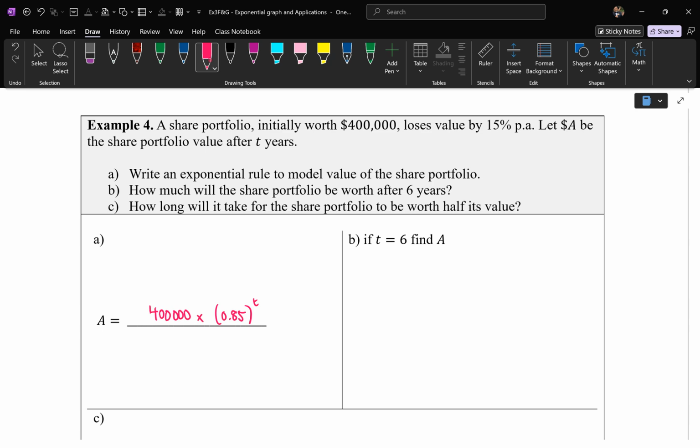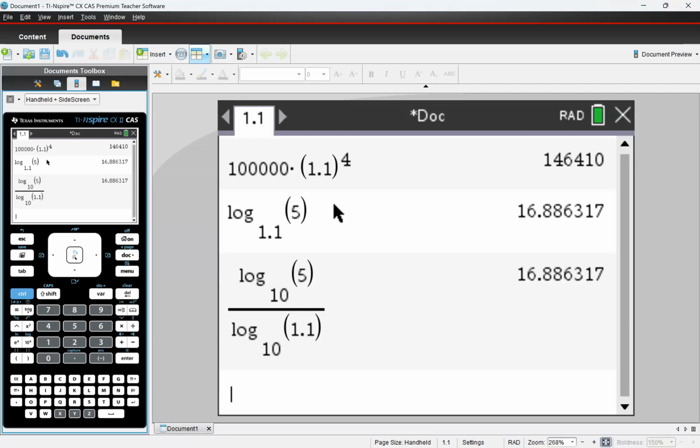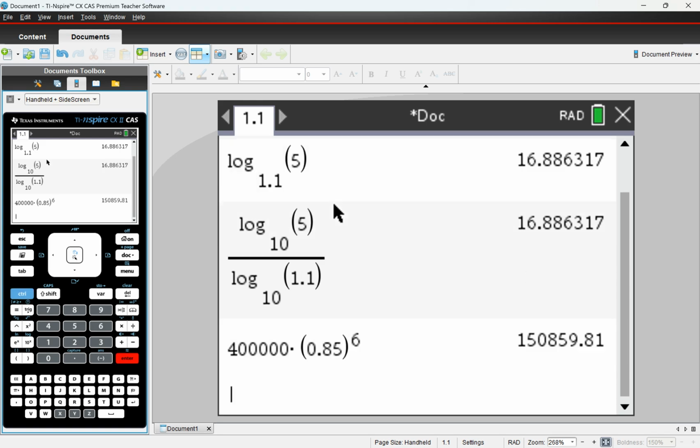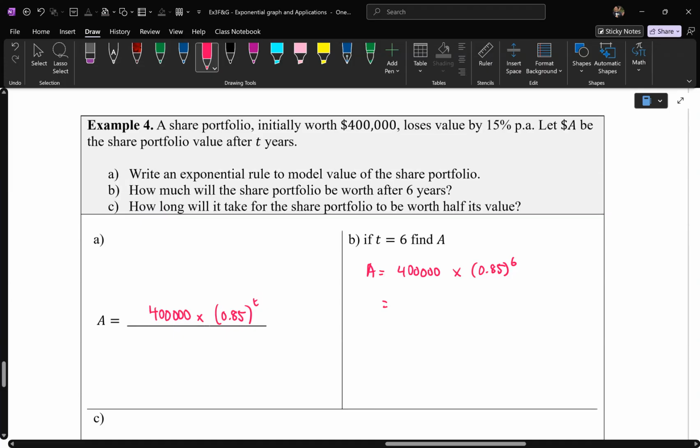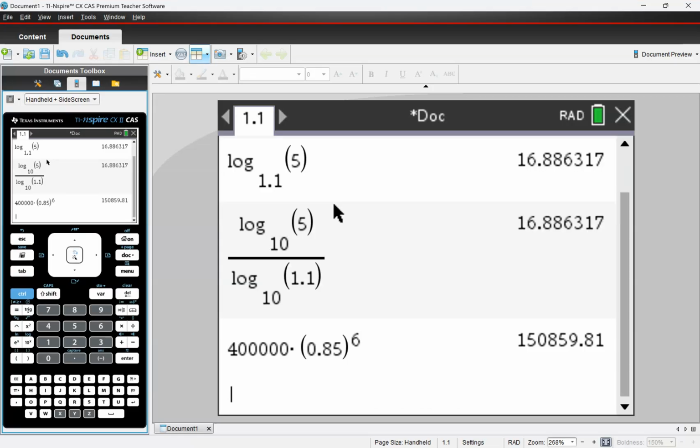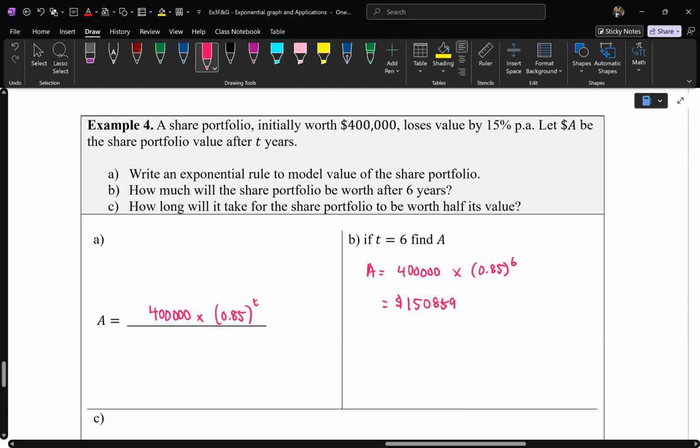And then here would just be A is equal to 400,000 times 0.85 to the power of 6. You get $158,509.81.